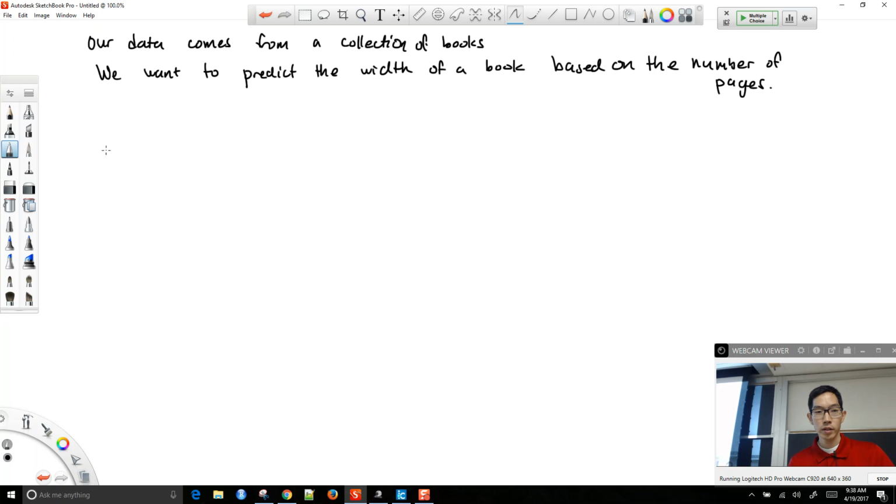And so, if I draw a little picture, it looks something like this. Here's your book, maybe this is your stats book or whatever. We look at the number of pages, and we're going to look at the width.